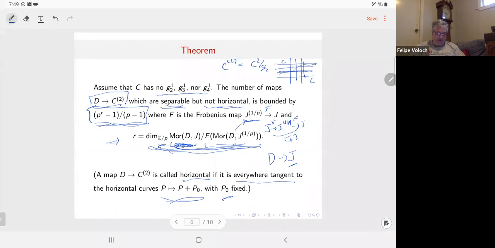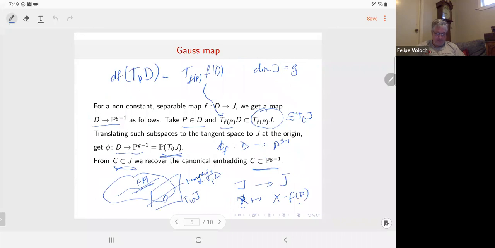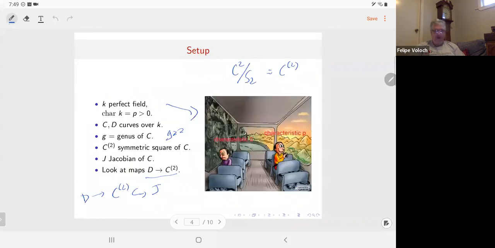Okay, maybe I should give another perspective on what horizontal means and why we're interested in such maps, since there was a question about that. Suppose I have my D and I have my curve C. To give a map from D to C2 is basically to give two maps from some curve to C. In fact, what you have is diagrams like this, where this is of degree 2.